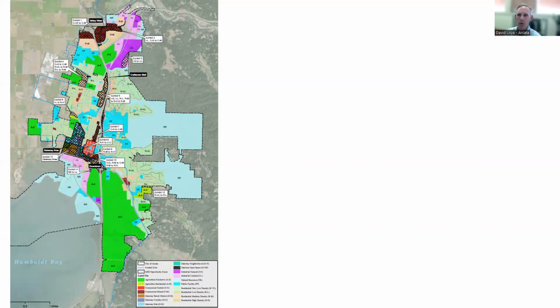Before we dig into the detail, I want you to take a broad brush look at this. We're not looking at these specific designations. I don't want you to squint to look at the titles here. I just want you to take it in overall. What you'll see is the greens and blues are natural areas.